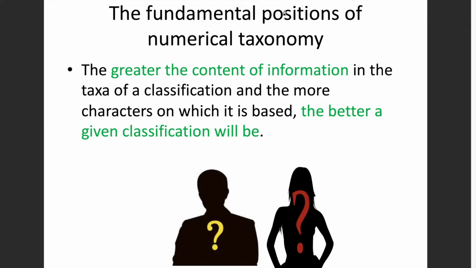So it's actually important to have many characters and different measurements for a certain taxa for your classification to be more of a natural fit. Because that's the thing with numerical taxonomy. It usually needs a lot of these numerical variables or data points to create a certain taxonomic classification.